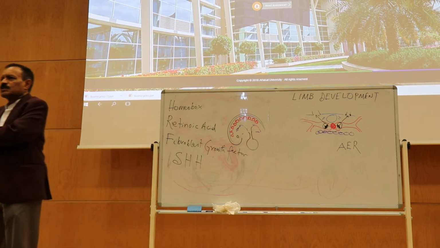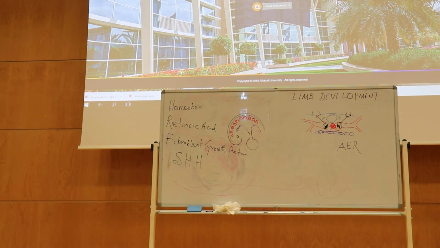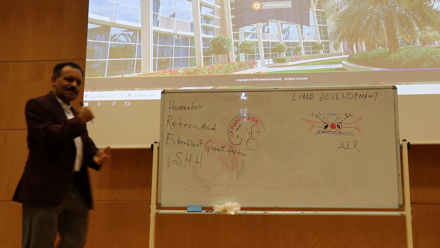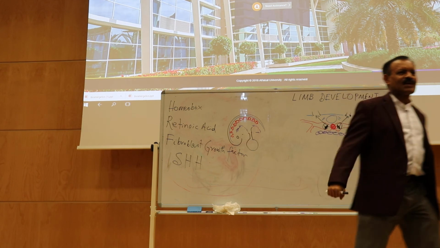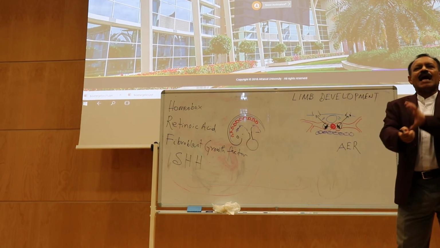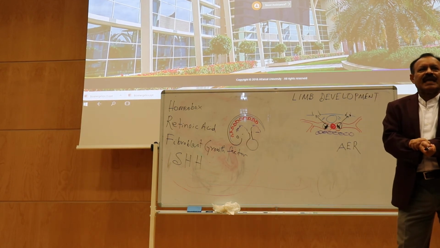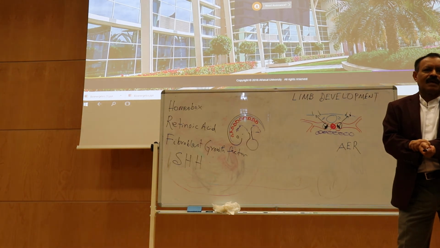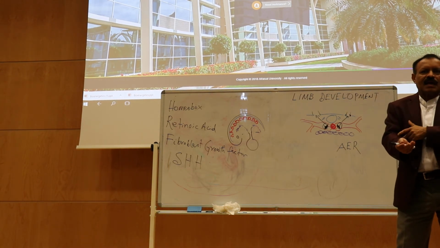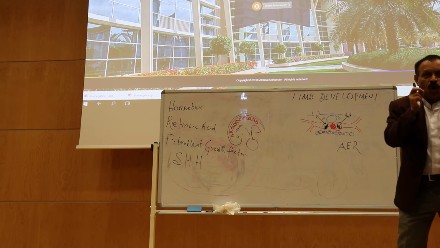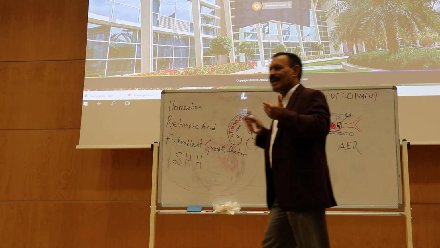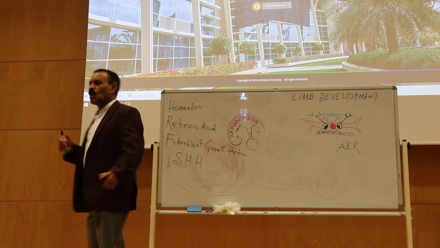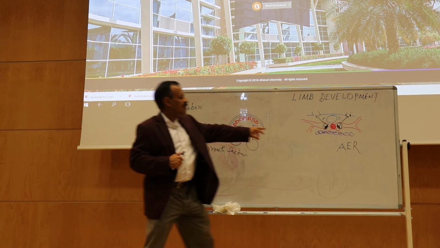So the bone of this one, if I say the fibula, maybe I will ask this question. I got a question. If I see the upper limb, which is the radius and ulna, or the humerus, this is a bone, coming from where? Lateral mesoderm. It is not from the sclerotome.